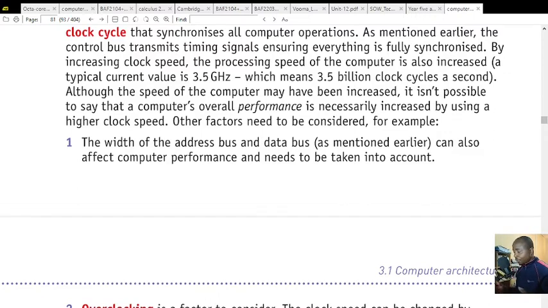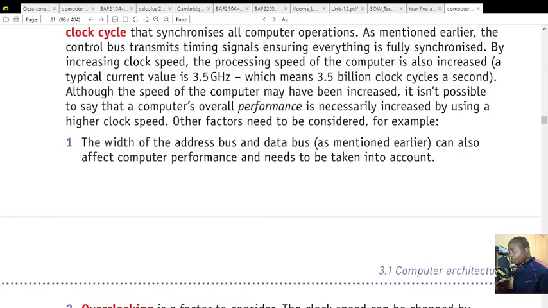So if you have a 32-bit address bus, that one cannot be compared with a 64-bit data bus, because both are able to transmit data at different speed, and the amount of bits they are able to transmit now differs. So the computer with a 64-bit data bus is able to transmit more data, and also able to identify more memory locations in that context.